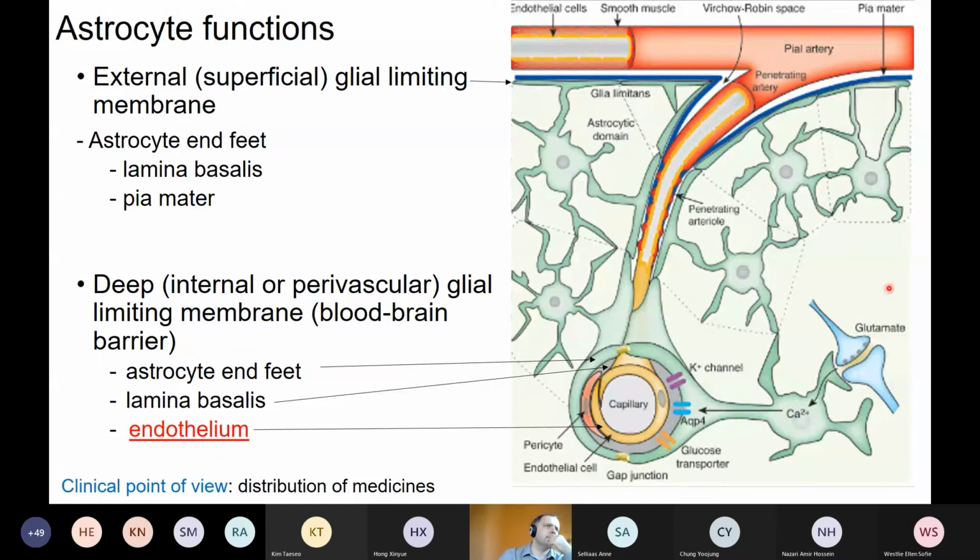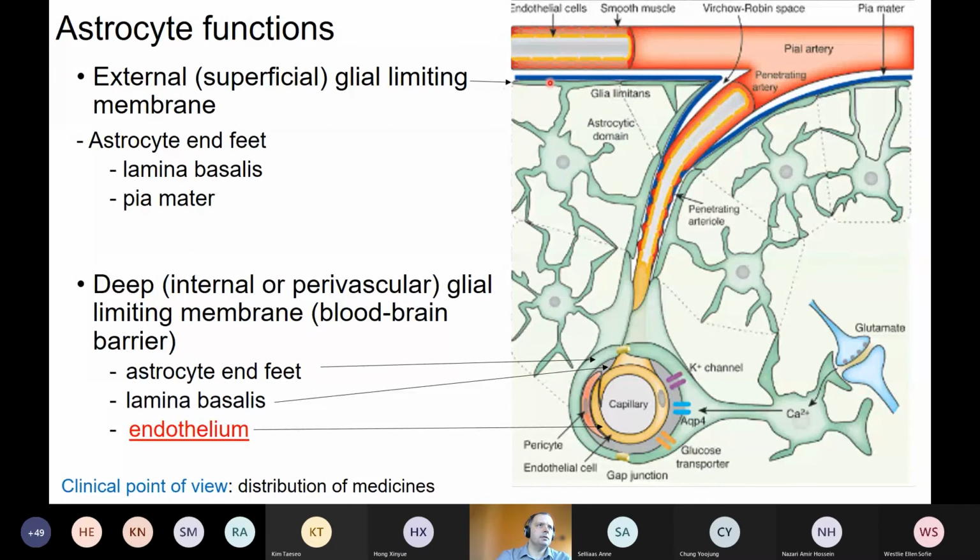And this slide is about the limiting membranes, at least in part what I was mentioning in the last slide. So you have the surface of the brain here. And on the surface of the brain, you can see that the astrocytes will approach the surface with their processes, and they have a flattened end part, which is called end foot or end feet, and they will then cover the surface of the brain.